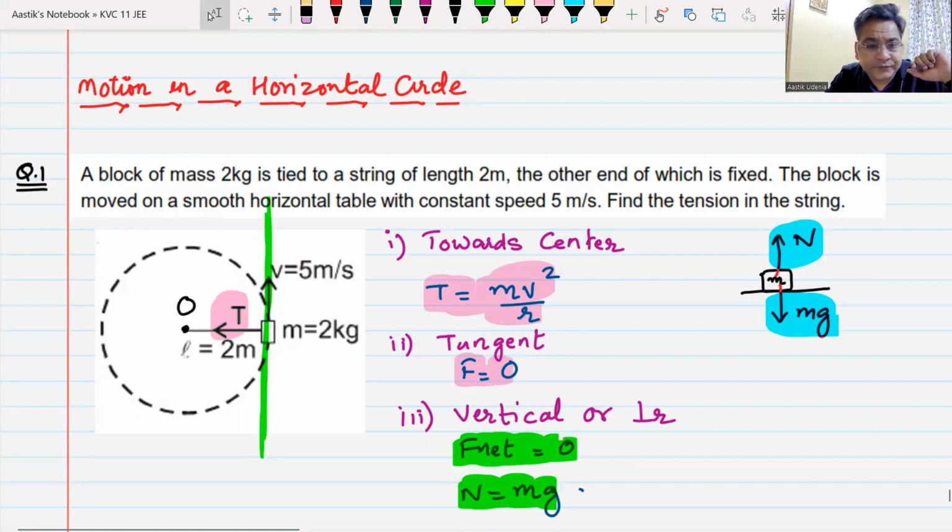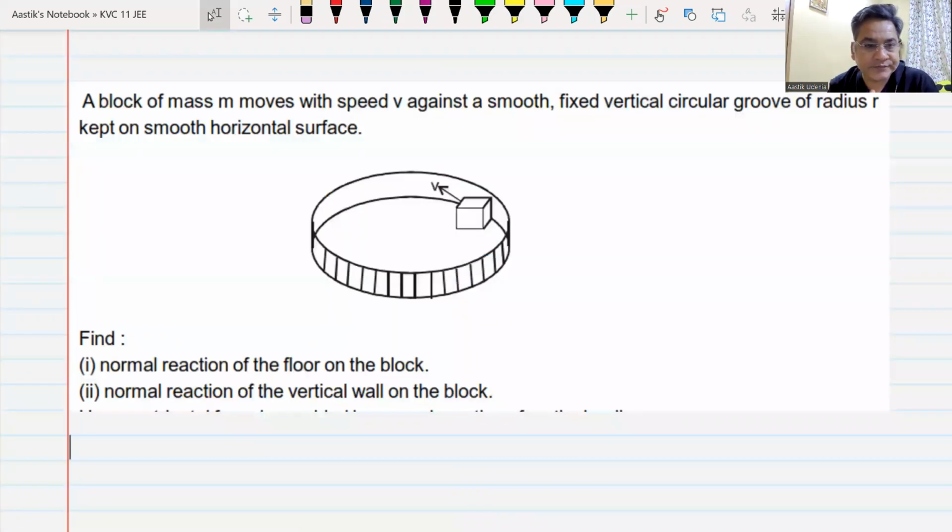A block of mass m moves with a speed v against a smooth and a fixed vertical groove. So it's a circular groove like this, and a body is moving in a circular path. Radius is r, and as you can see, it is moving with a velocity v in that circular groove.